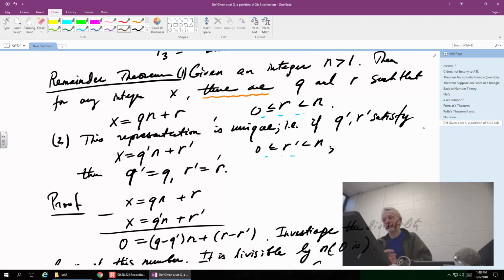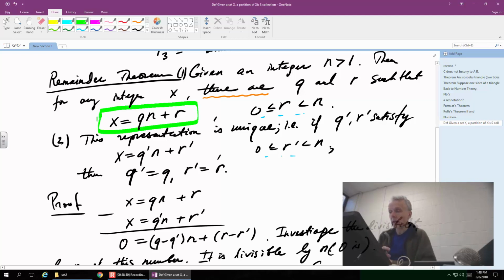When there is no divisibility, you can still say something about what's going on: there is a representation proven previously, and that representation is unique. So this equation that we have here is one and only, and we can replace x with r.